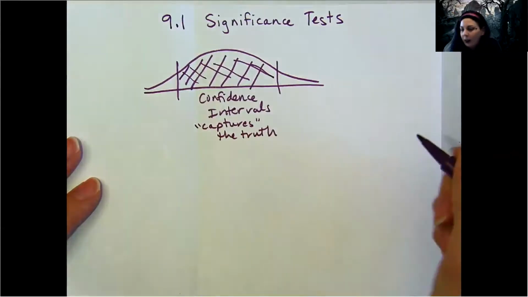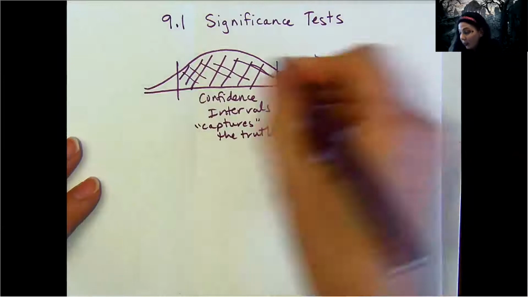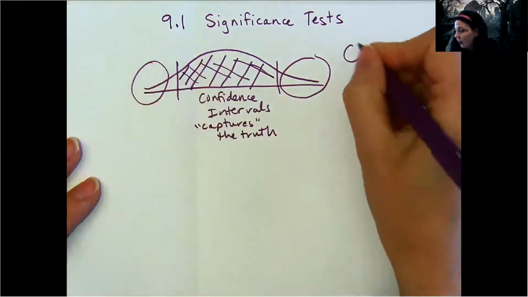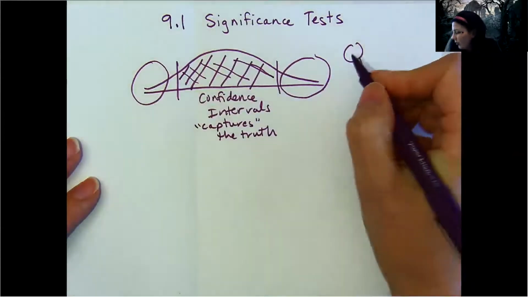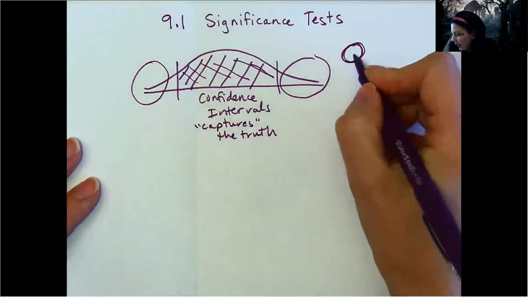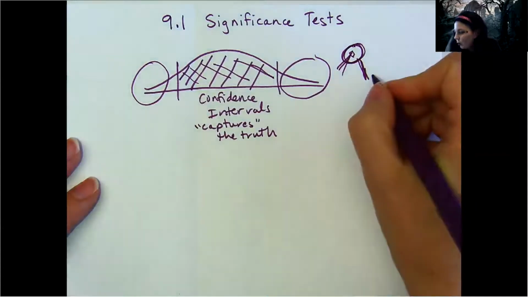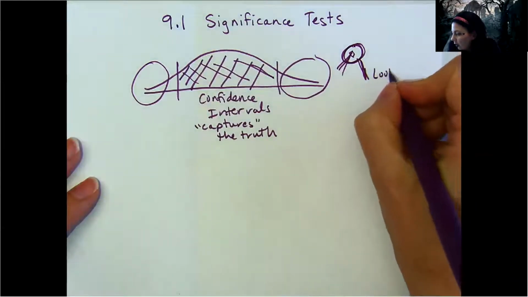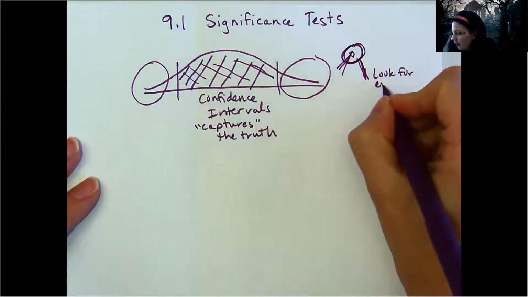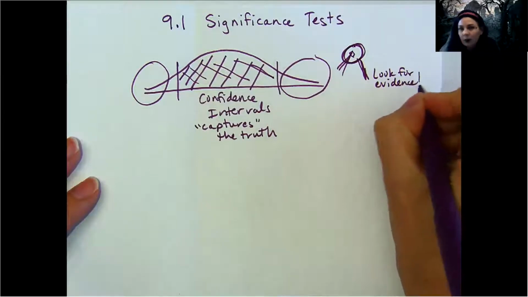Now we're going to be looking out here in the tails on both sides, and we're going to have magnifying glasses now. So I don't know, is this how you draw a magnifying glass? With a little shoop, shoop, right? Ooh, magnify it. So what we're going to be doing is look for evidence.